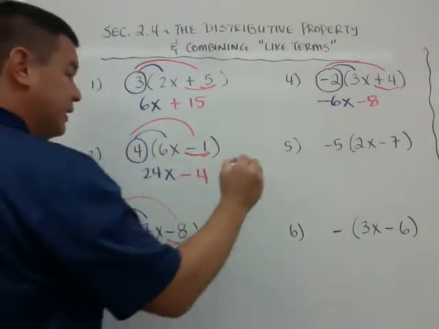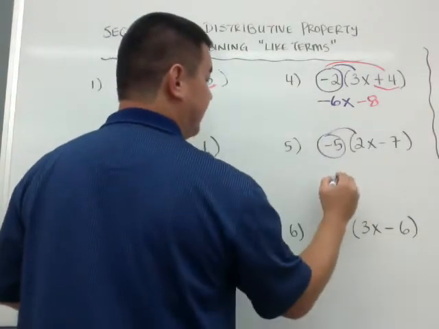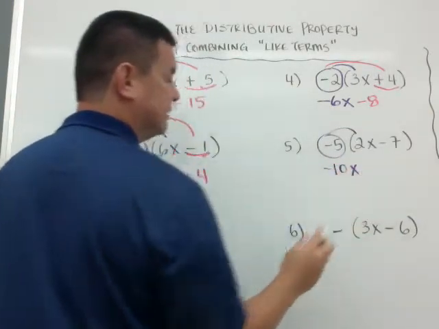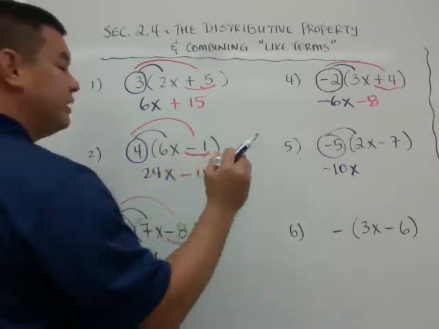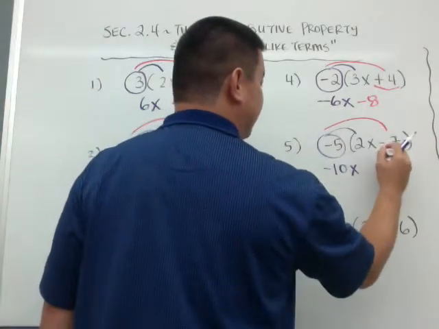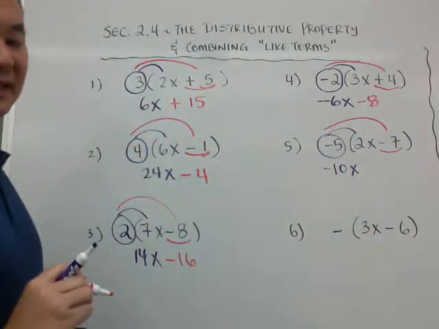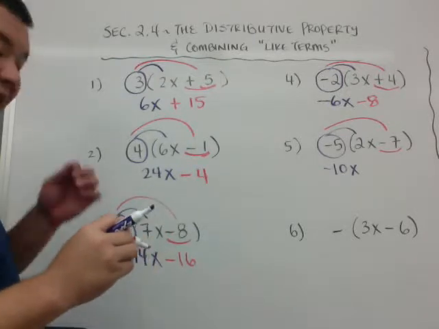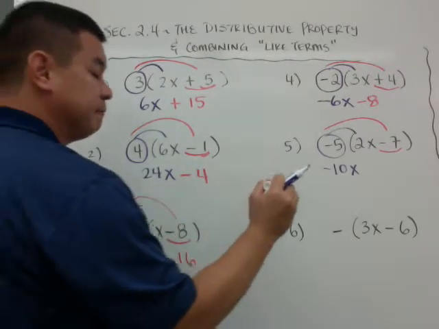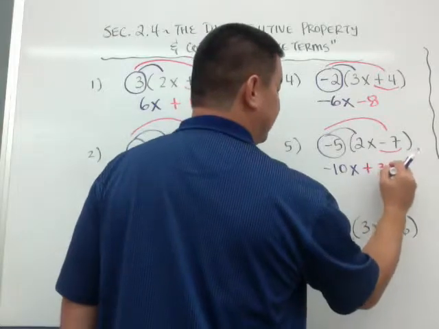Okay. In this one, again, I'm going to circle the negative 5, and I get negative 10x. And then here's where it gets a little tricky. Negative 5 times, and notice I underlined the negative 7. Negative 5 times negative 7 is positive 35.